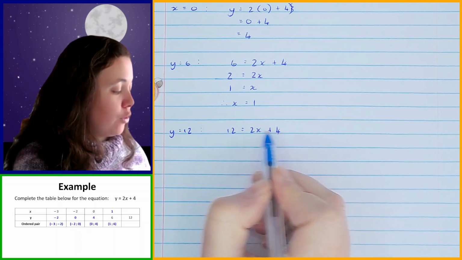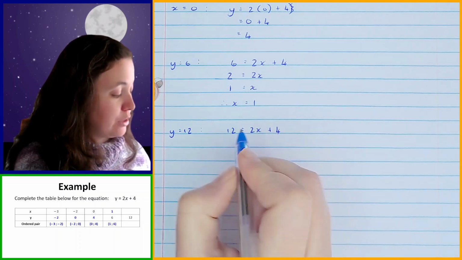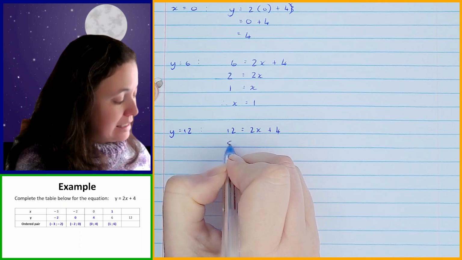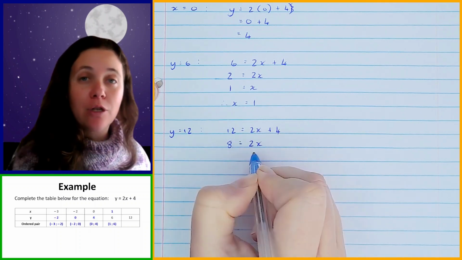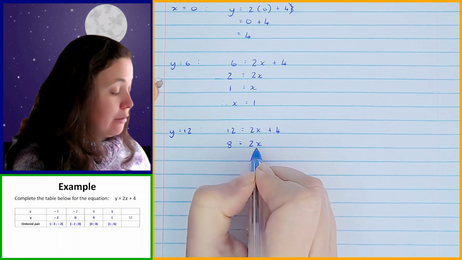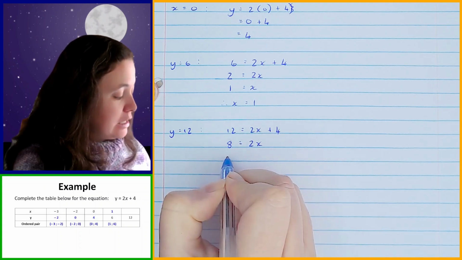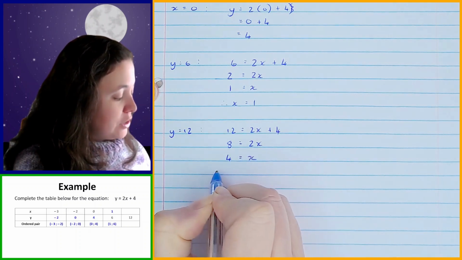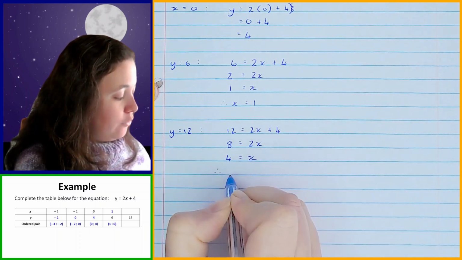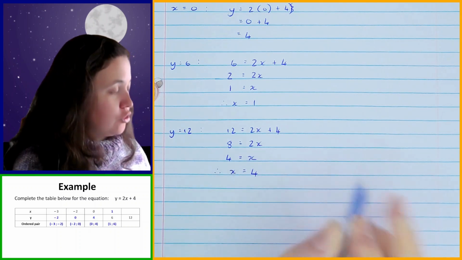Again, I need to get rid of the 4 on this side by subtracting on both sides. So I've got 12 minus 4, that's 8 on the left, equal to 2x. Then I'm going to divide by the 2 on both sides. So 8 divided by 2 is 4 equal to x. So that means that if y is 12, then x is equal to 4.